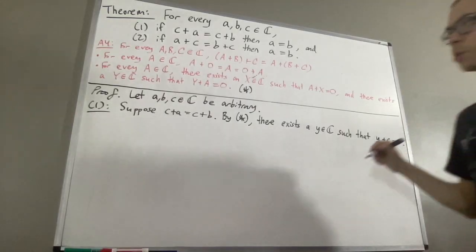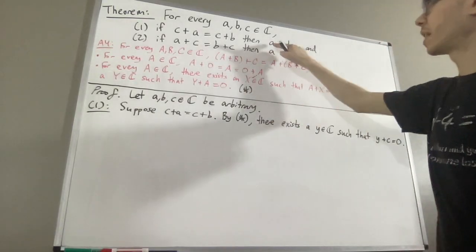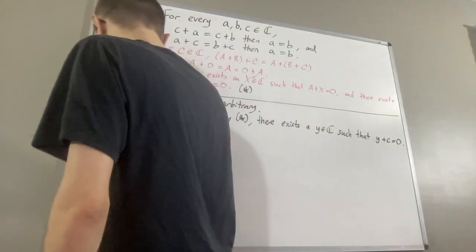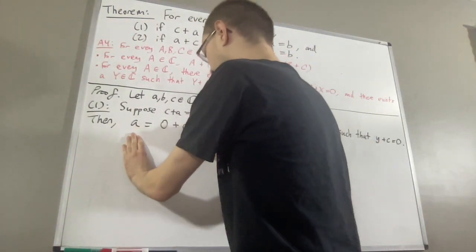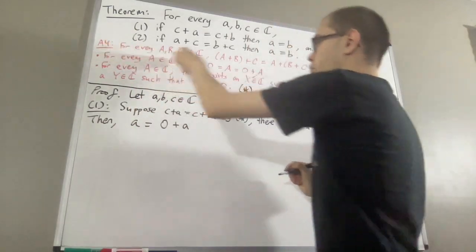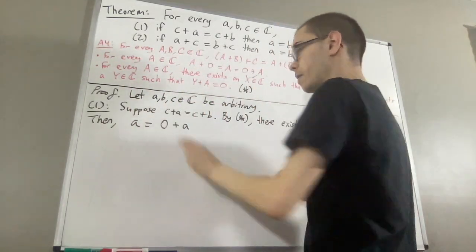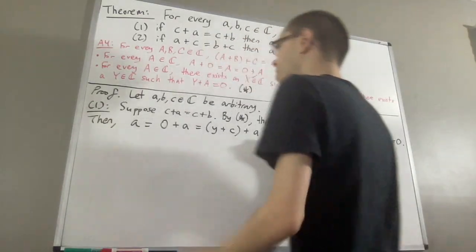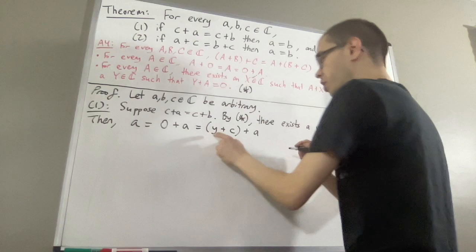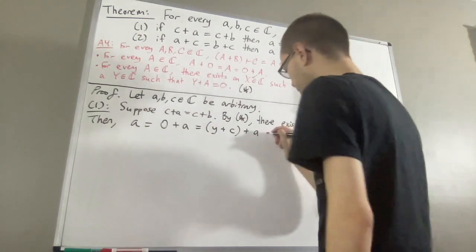Now, we're going to establish a chain of equalities showing that a is equal to b. First of all, we know that a is equal to 0 plus a by our second result. Then we'll substitute 0 for y plus c. Then, applying the associative law of addition, we can move these parentheses around c plus a.